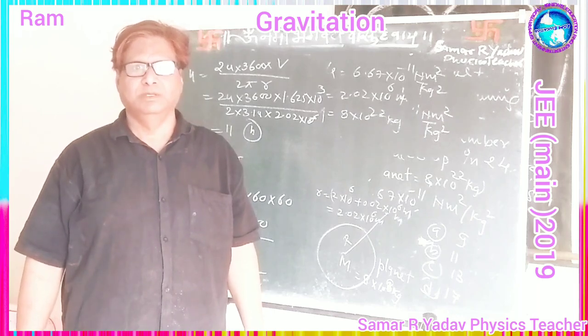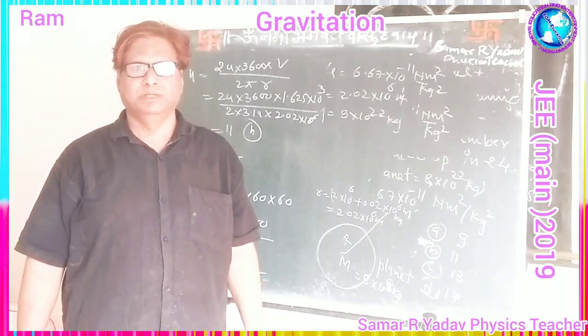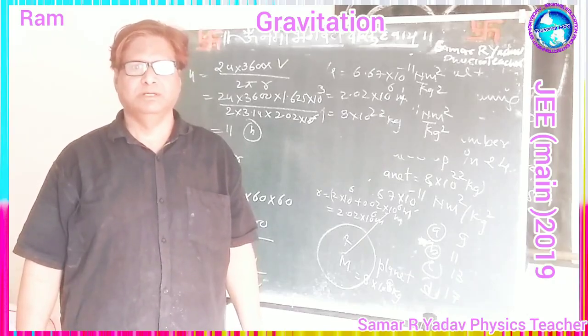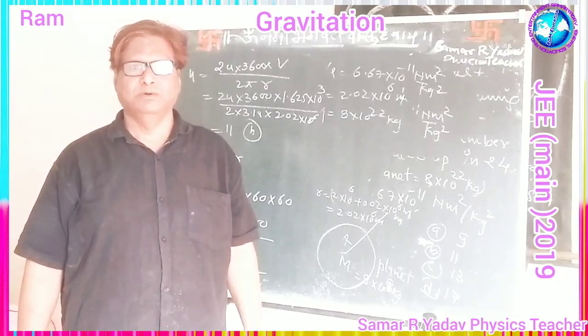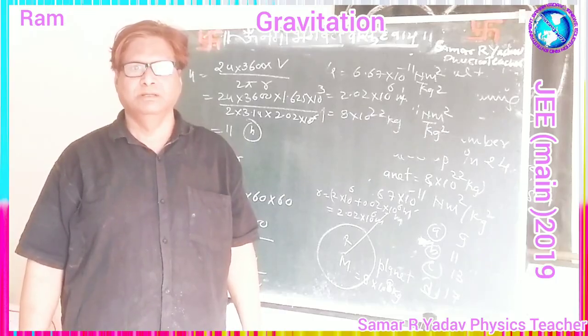Now we know that the time for one revolution, capital T, is equal to 2 pi r upon v. Suppose the spaceship revolves around the planet. If the number of revolutions is small n, then n into capital T is equal to 24 hours, which is 24 into 3600 seconds.